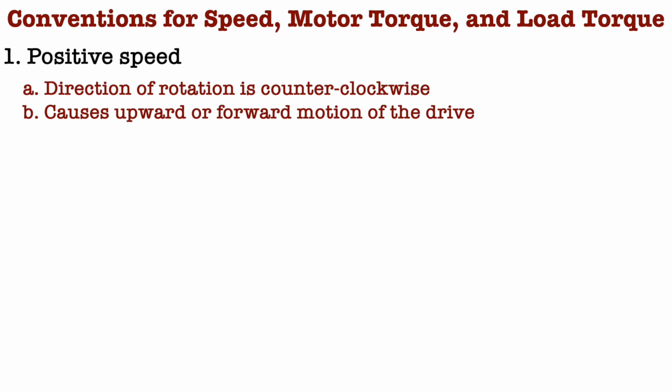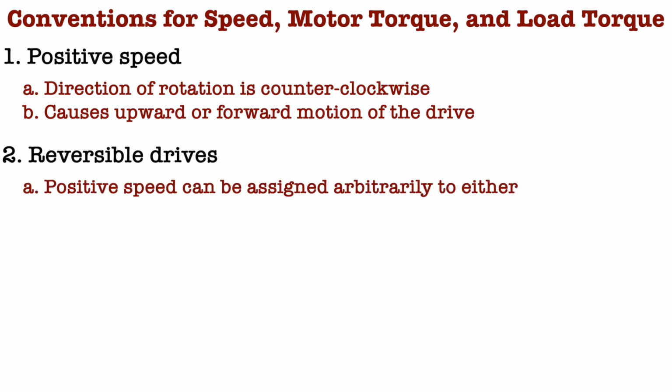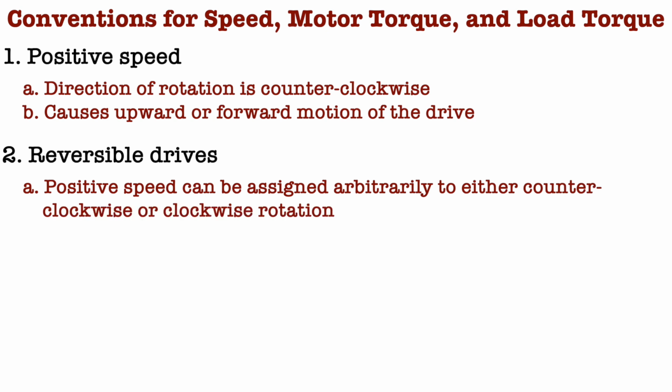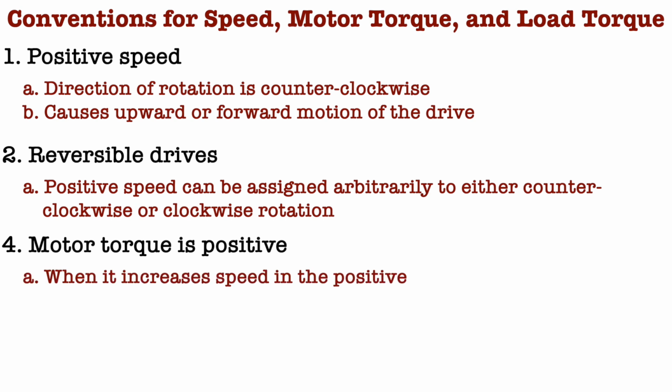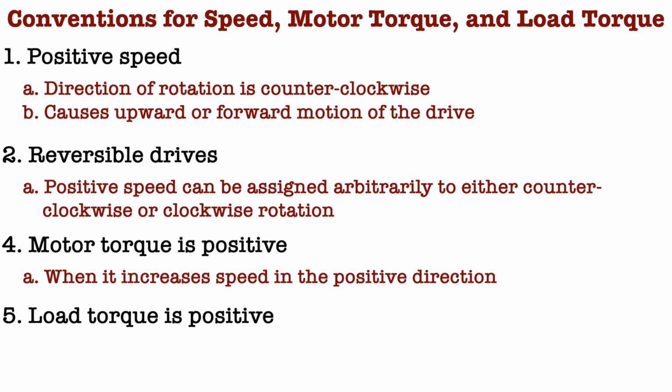Remember this, that the positive sign convention for speed is taken in this condition. In case of reversible drives, the positive sign for speed may be assigned arbitrarily either to counterclockwise or clockwise direction of the rotation. The motor torque is taken positive when it causes an increase in speed in the positive sense, and the load torque is assigned a positive sign when it acts against the motor torque.